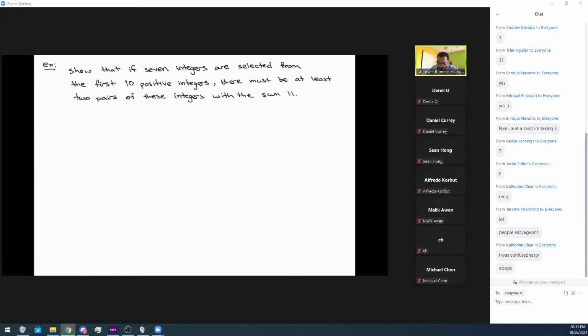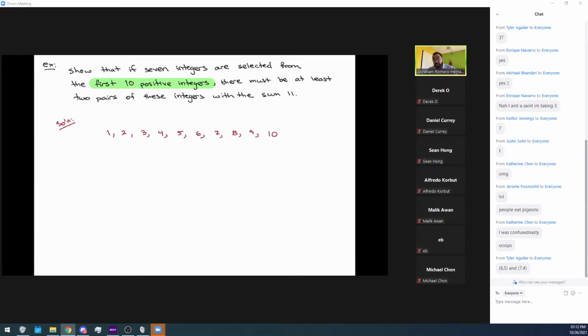So I'm looking at the first 10 positive integers: 1, 2, 3, 4, 5, 6, 7, 8, 9, 10. Yes, you can have these in your head, but it's better to write them out because it gives you a better feel or better understanding how you could possibly solve this.